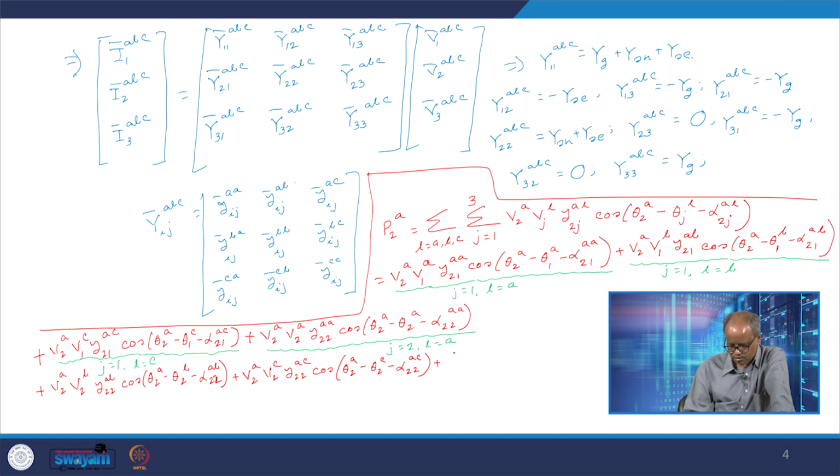Then v2a, v3a, y23aa cosine theta 2a minus theta 3a minus alpha 23aa, right.